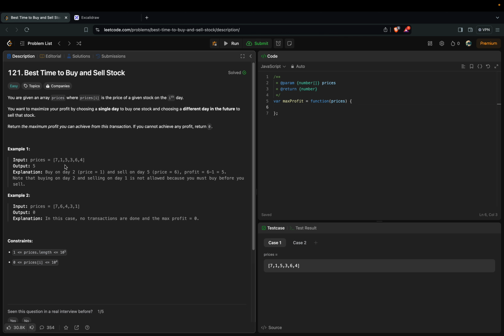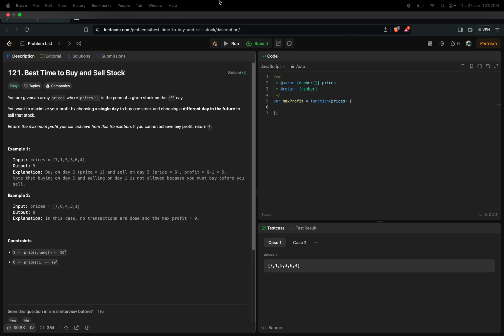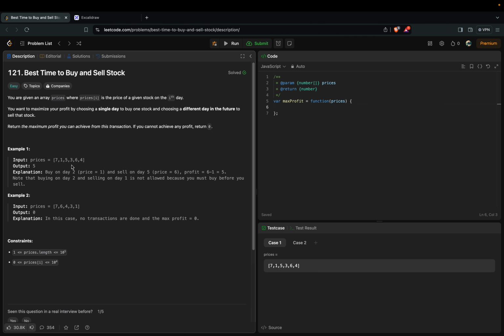We need to find the best time to buy the stock and sell, so we can make the maximum profit.